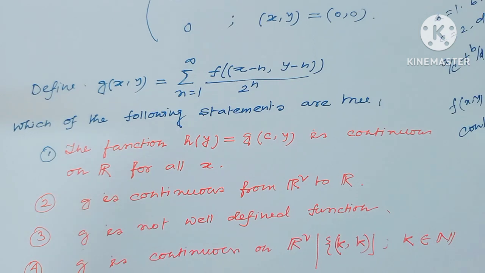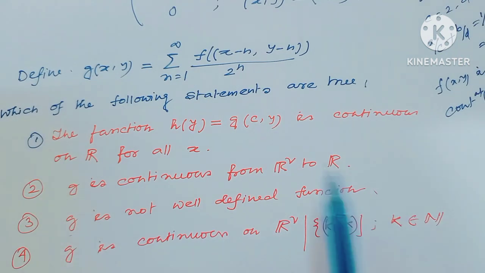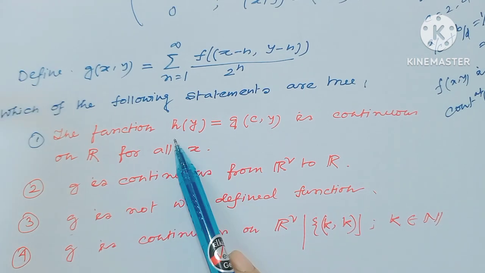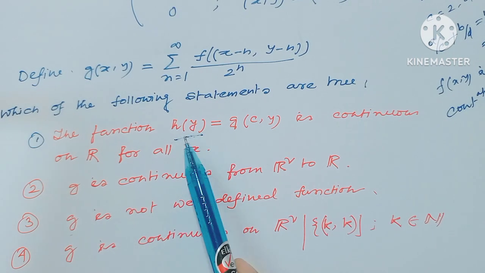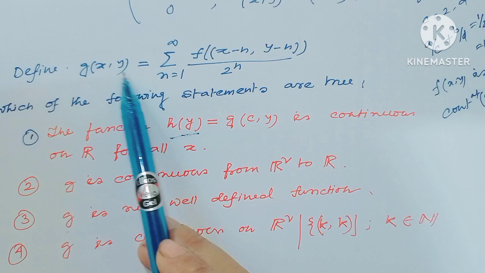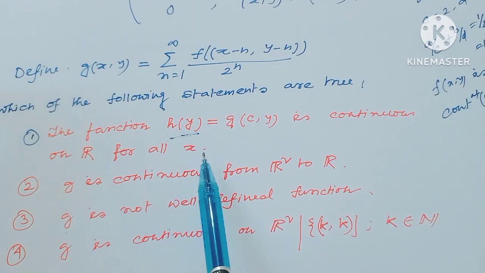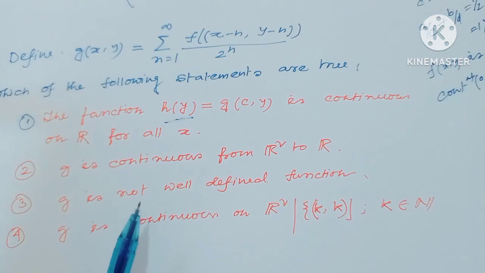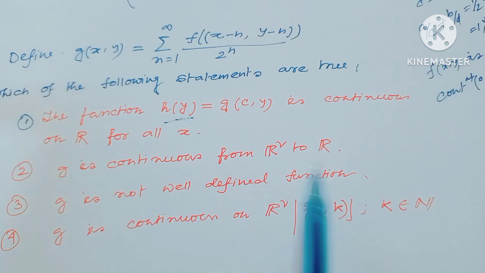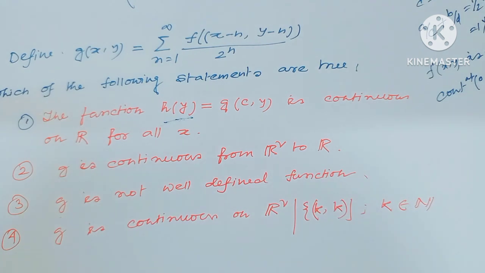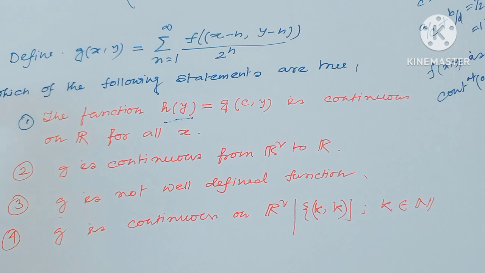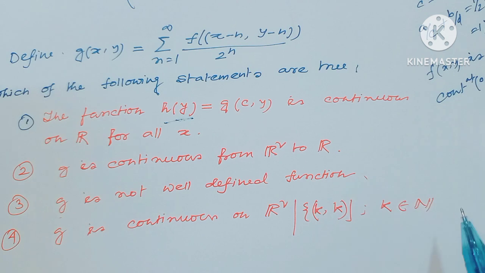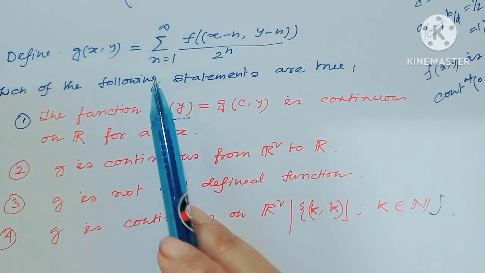Option 1: for all x, the function y maps to g(x,y) is continuous on R. Option 2: g is continuous from R2 to R. Option 3: g is not a well defined function. And option 4: g is continuous on R2 omitting (k,k) where k belongs to natural numbers.